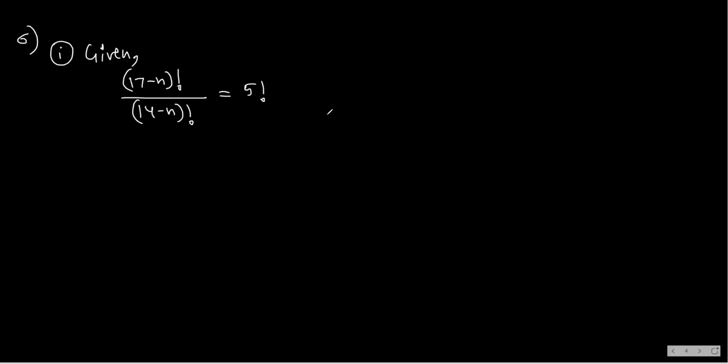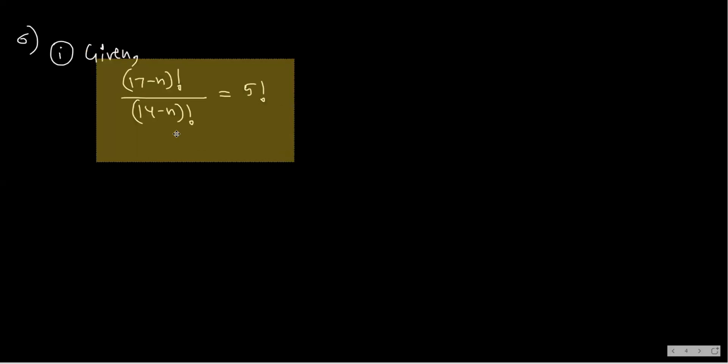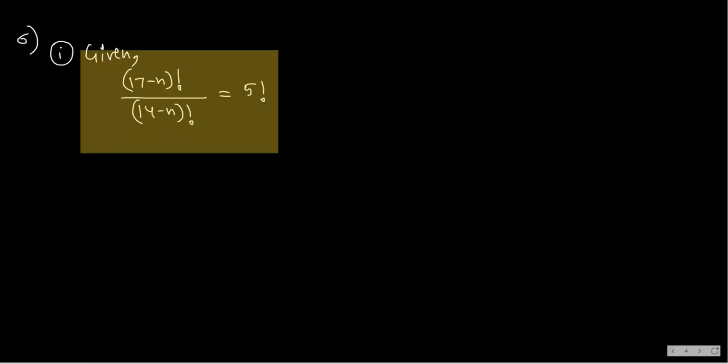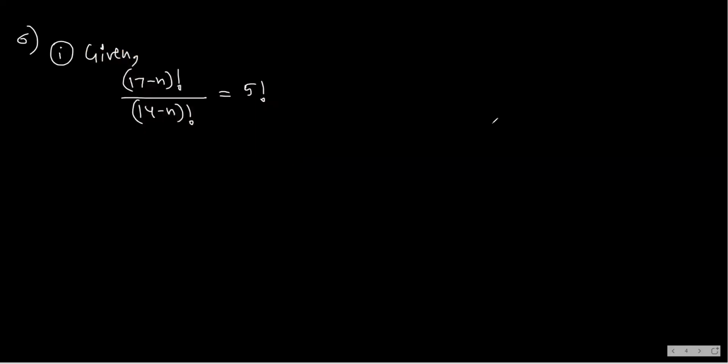Okay, so students, here we have one more such problem where we are given an equation, and we have to get the value of n. We have already solved such questions. What is the difference between this problem and the earlier problem?